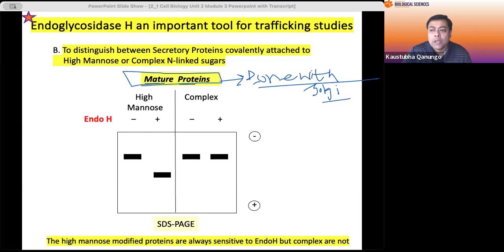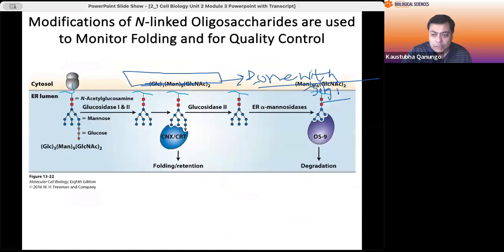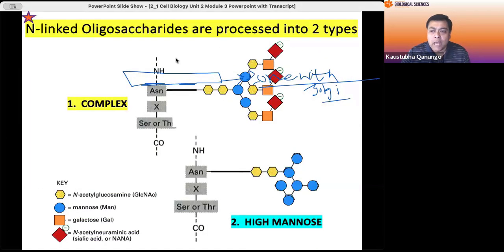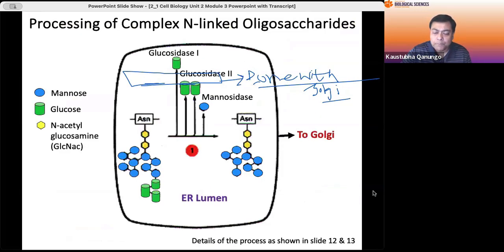Now, the mature proteins could be two different types, and we already saw that, so connect these two. The two mature proteins processed out of Golgi are of two types: one is complex, one is high mannose. We are going back to that.